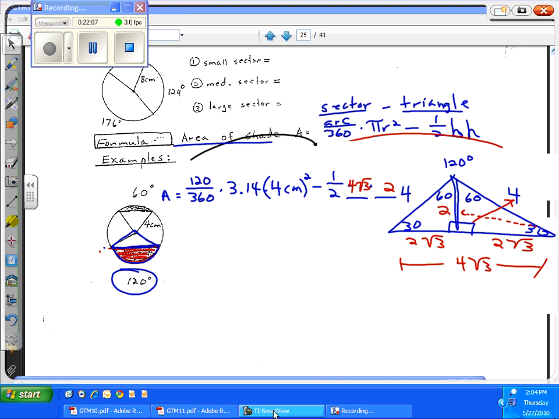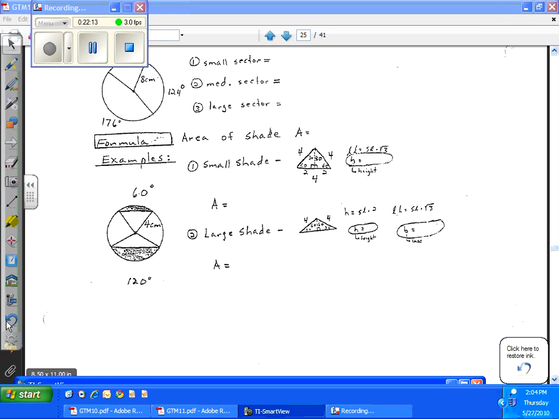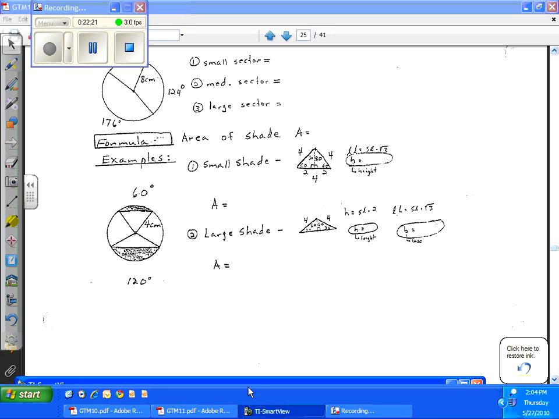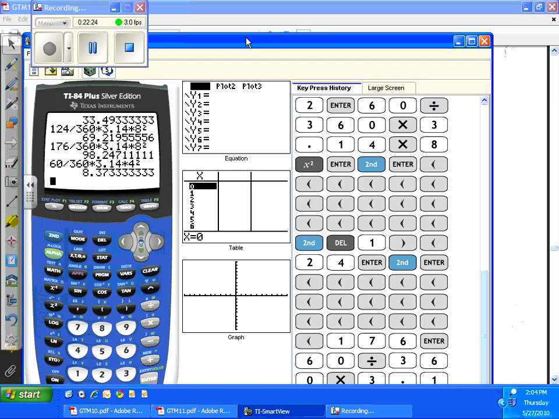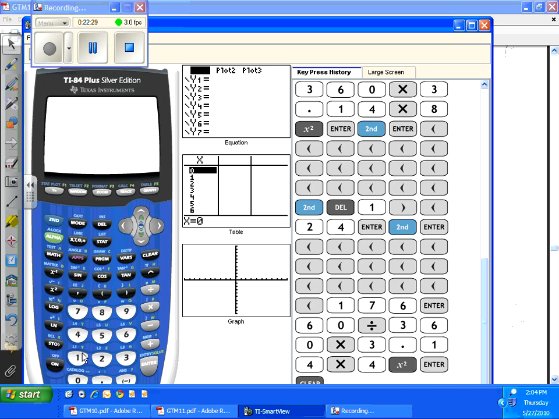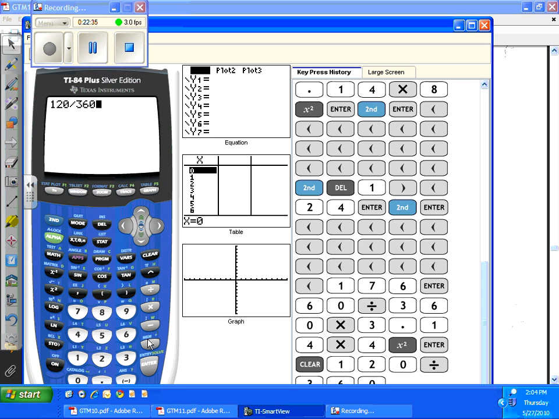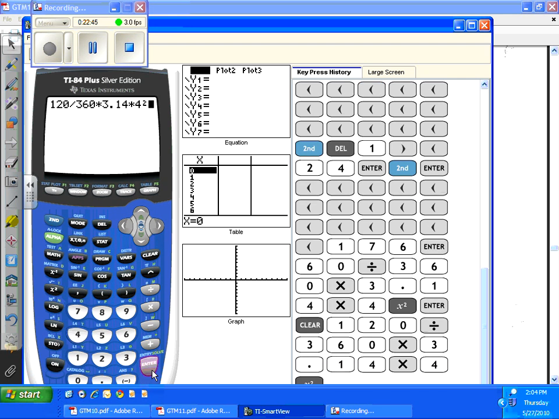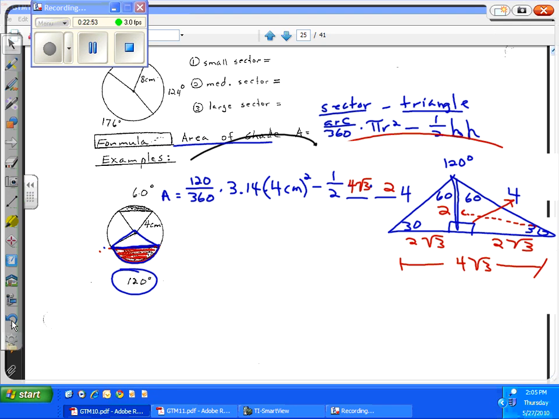So we're going to do the whole first part. 120 divided by 360 times pi times the radius of 4 squared, 16.75 rounded, minus the triangle.